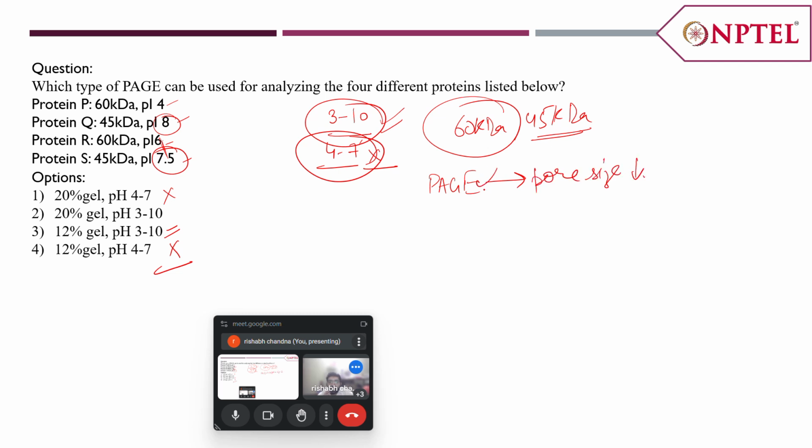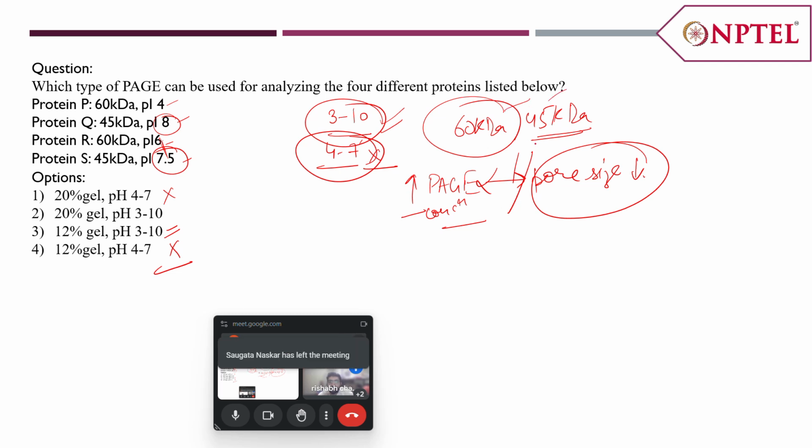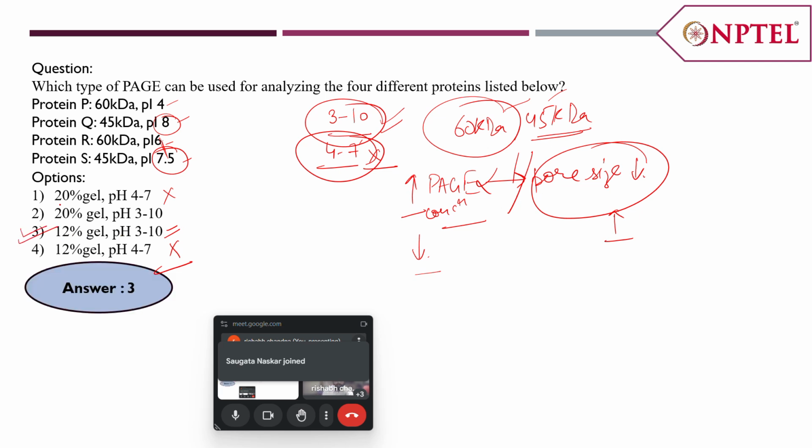So it's an inverse relation between the concentration of the gel and the pore size. So whenever we are using a high amount, that means pore size would be less. So here, because proteins of this size need to be separated, we'll use a lower PAGE concentration, which gives us a larger pore size. So here, out of these two, 12% gel will be used. So the correct answer would be option number 3.